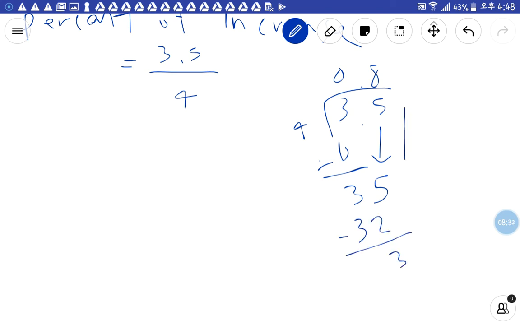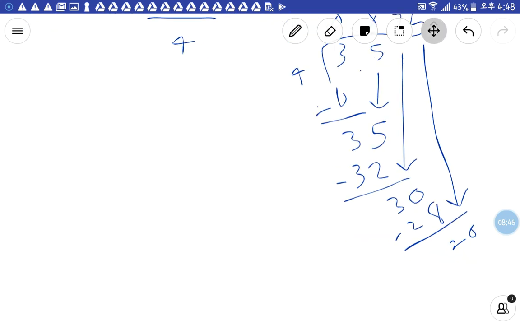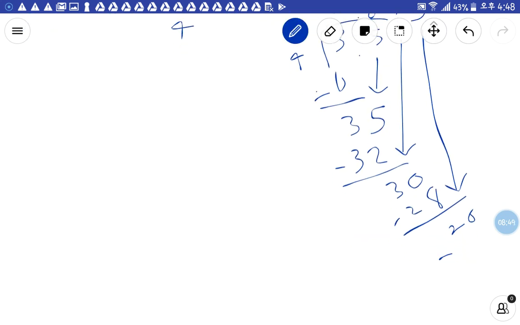And 3, bring 0 down. How many 4 can go into 30? 7 times, which is 28. And my remainder is 2. Bring 0 down to make 20. How many 4 can go into 20? 5 times exactly. So my answer is what? 0.875.